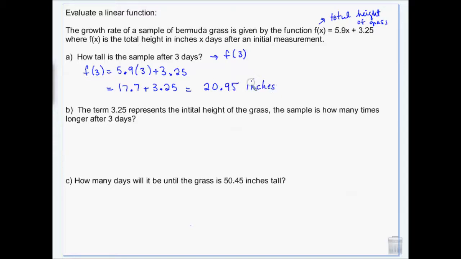So after 3 days, it's 20.95 inches, and 3.25 represents the initial height of the grass.